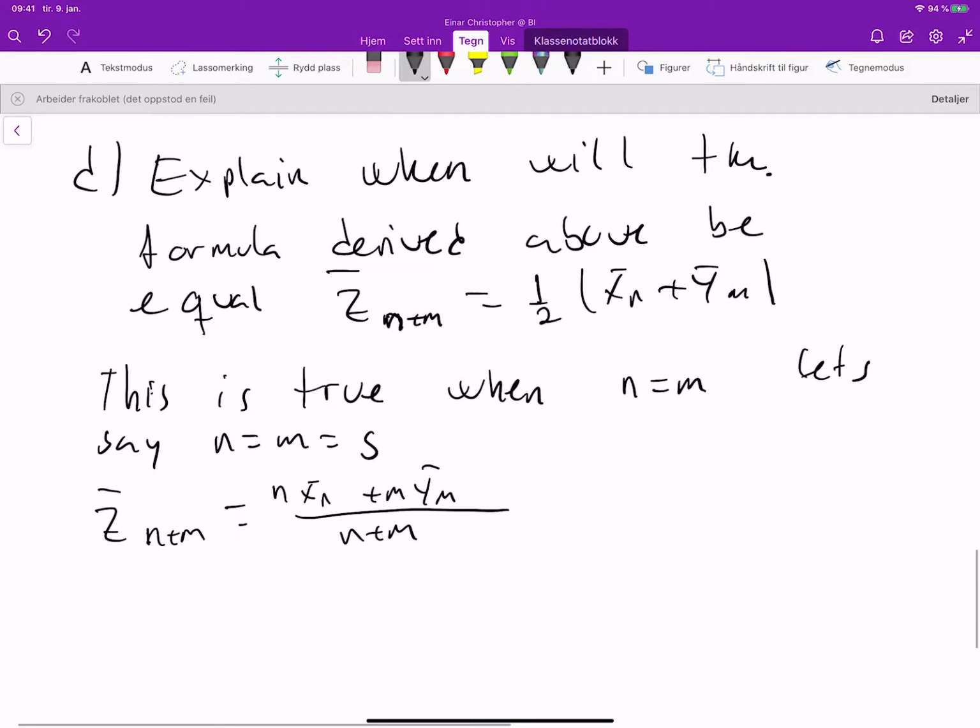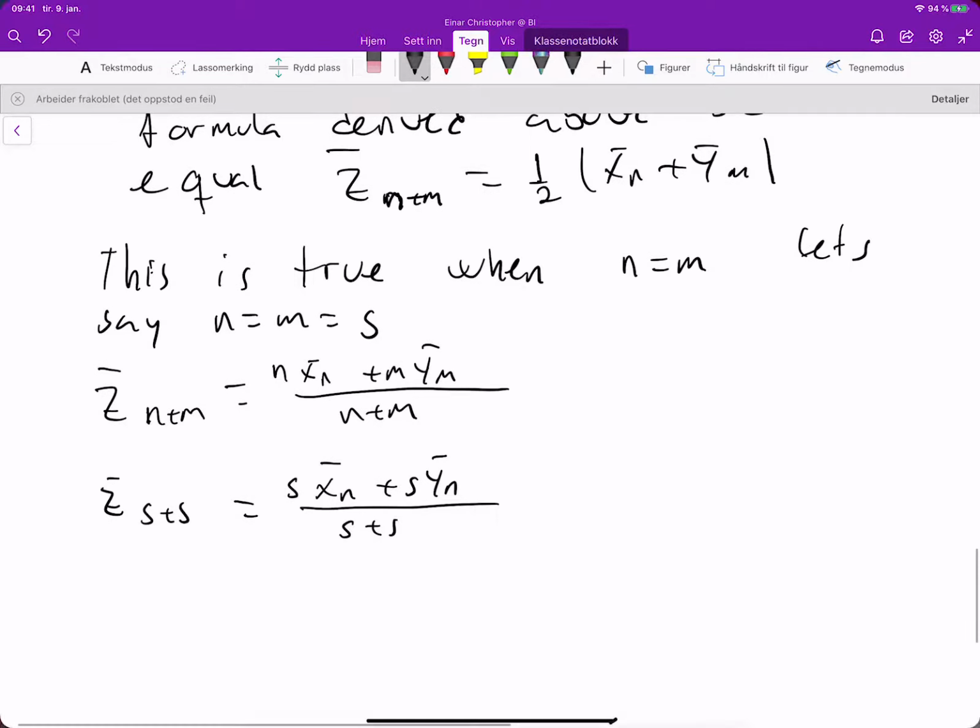So if n is equal to m, let's say s, then we have set bar s plus s is equal to s xn bar plus s ym bar divided by s plus s, which gives, if we factorize s outside, s times xn bar plus ym bar divided by s plus s, that should be 2s.